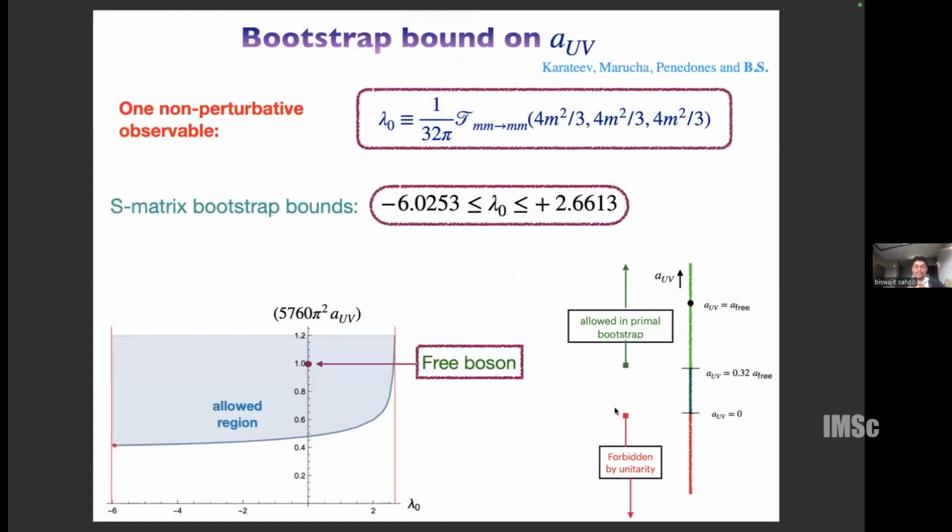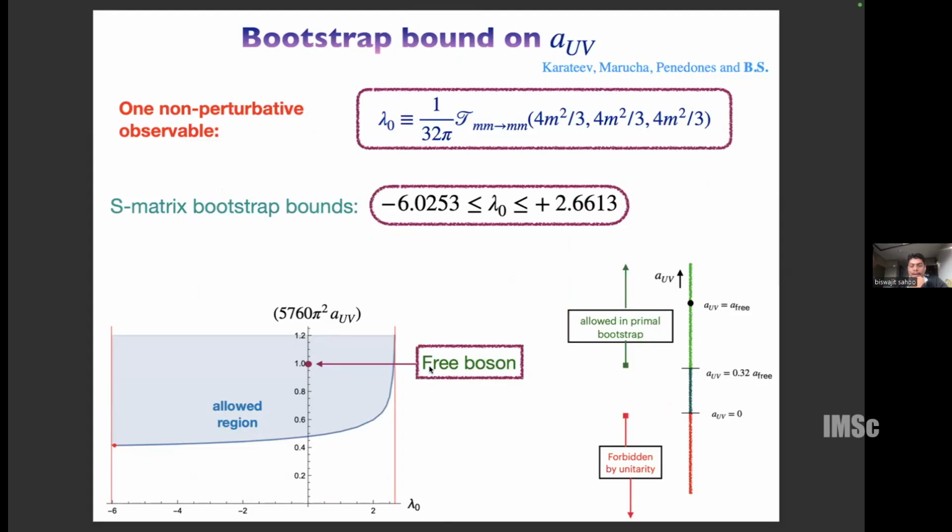If we run this numerical bootstrap program for this setup, the answer we got is that this A UV is bounded from below for any RG flow which is gapped and whose stable lowest lying state is a massive scalar, and the value is 0.32 times the free scalar A anomaly value.